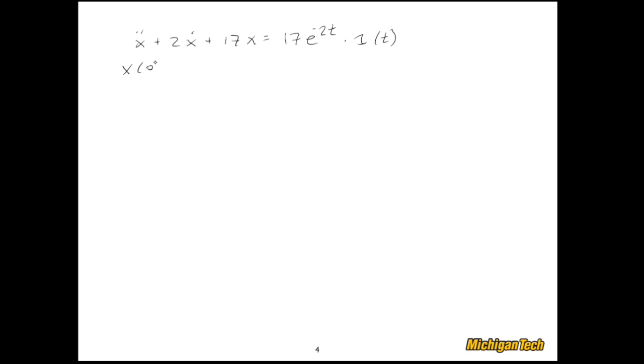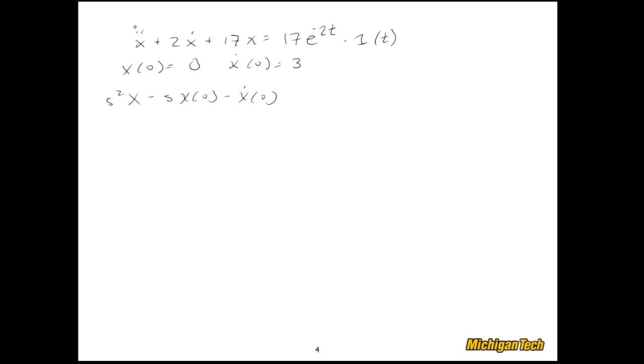So x at time equals 0 is equal to 0, and x dot at time equals 0 is equal to 3. Okay, so step 1 is to take the Laplace transform of both sides. And so we'll get s squared capital X minus s x0 minus x0 dot.